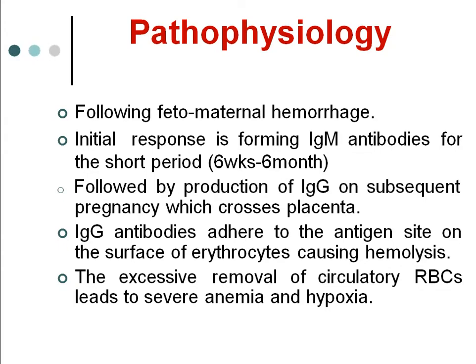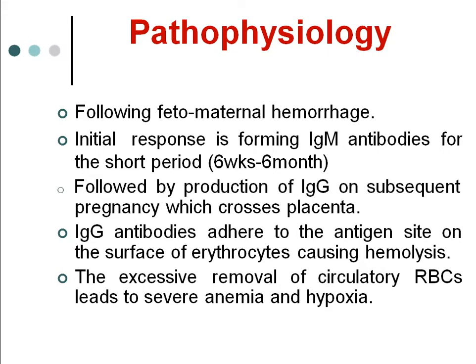Following after the RBCs have entered into the mother circulation, what is the reaction of the mother to these Rh positive RBCs? There is a formation of antibodies or immunoglobulin. Initially, there are two reactions. One is a primary reaction, the other is a secondary reaction.